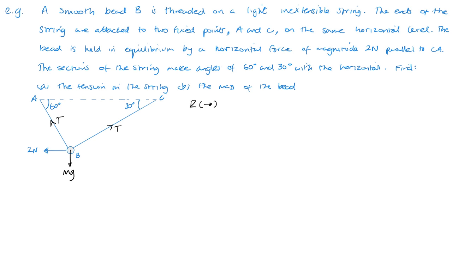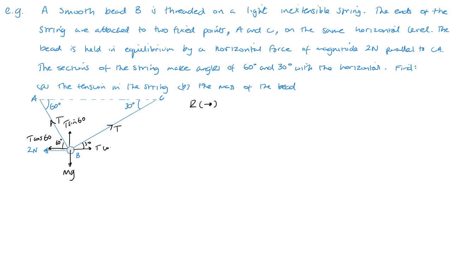And then going horizontally, this is going to be 60 degrees, isn't it, using the Z angles. So this one horizontally will be T cos 60, and going up will be T sin 60. And then the other T will be going across, and this will be 30 degrees.